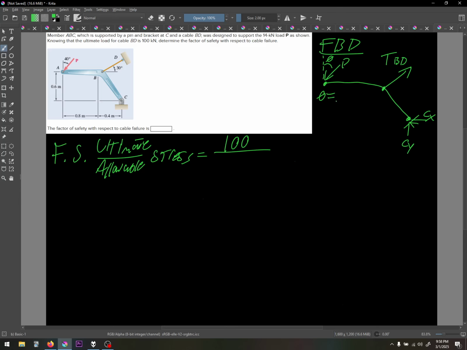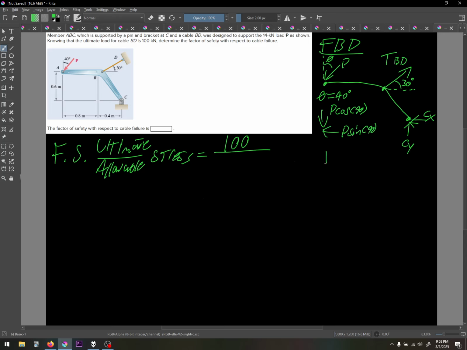Theta equals, let's see, 40 degrees. And then right here, this is 30 degrees. So, splitting P up, we're going to have P cosine of 40 and P sine of 40.